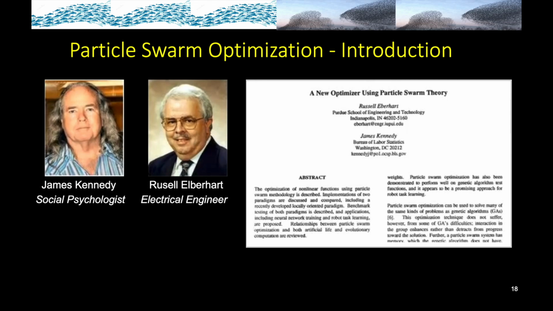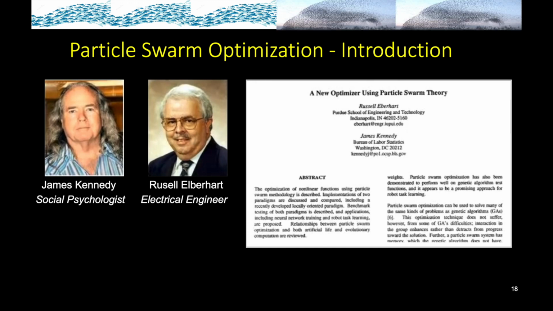PSO is a simple yet powerful optimization algorithm, and it is successfully applied in various fields of science and engineering, for example machine learning, image processing, data mining, operational research, and many other fields.